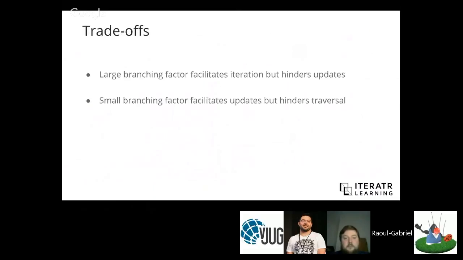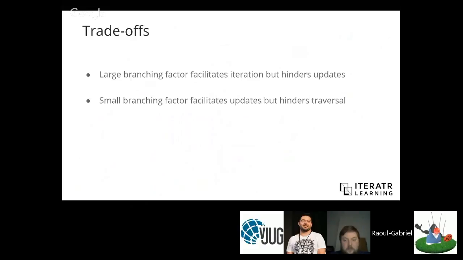But like everything, there's a little bit of a trade-off. Having a large branching factor facilitates iteration. We only need to do 5 lookups to find any element. But it really hinders updates because at every level we have 32 elements that we need to copy every time. So there's still a number of copies required. But if we use a small branching factor, then we need to do less copying because there are fewer elements that we need to copy.